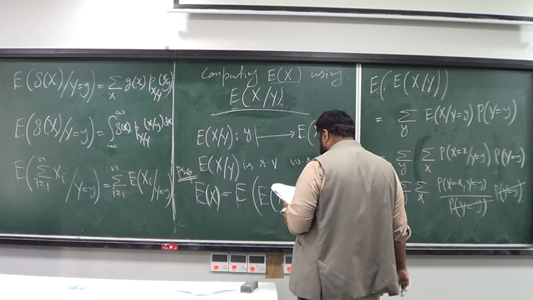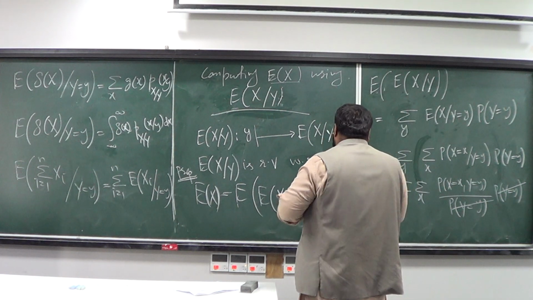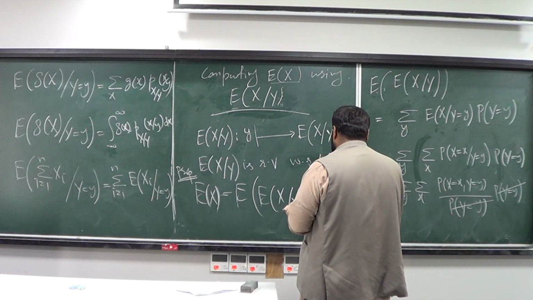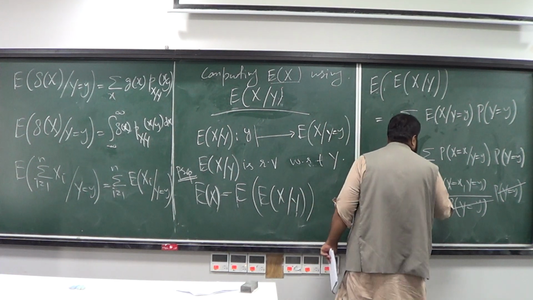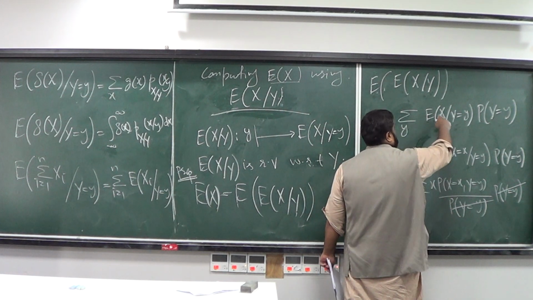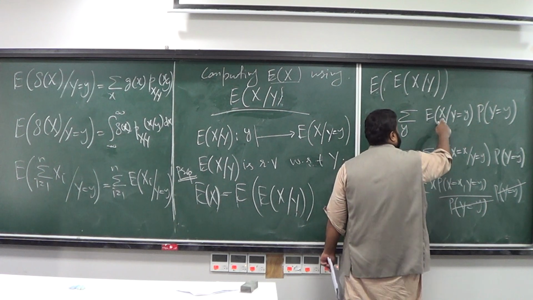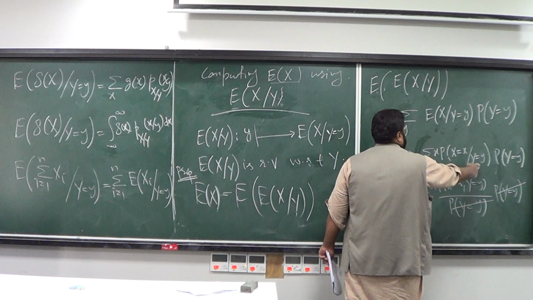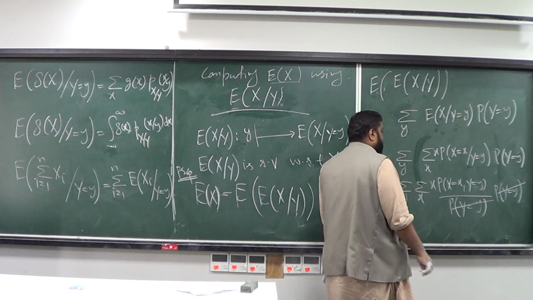Okay? You can get rid of these probabilities. And once you have this, you also need to multiply this with x because we are talking about the expectation of x. So the expectation of x is x multiplied by the probability that x is x and y is y. When you simplify, you get this actually.